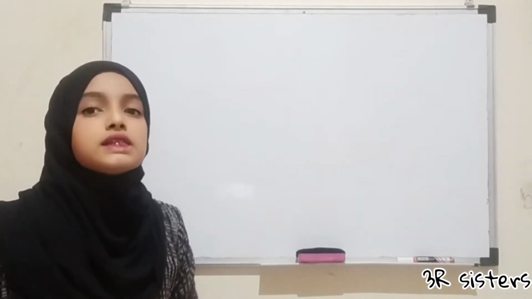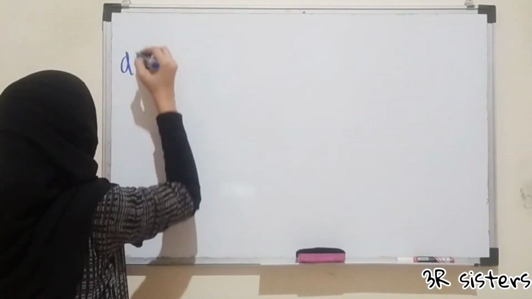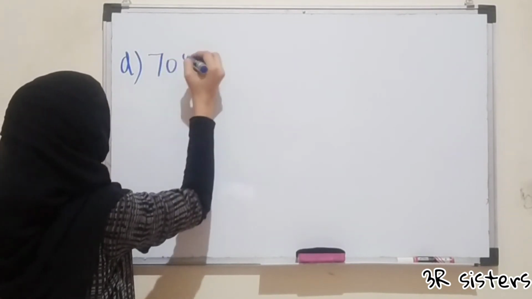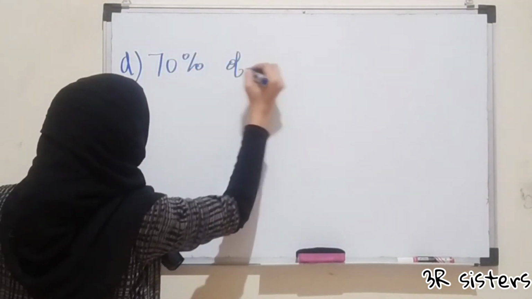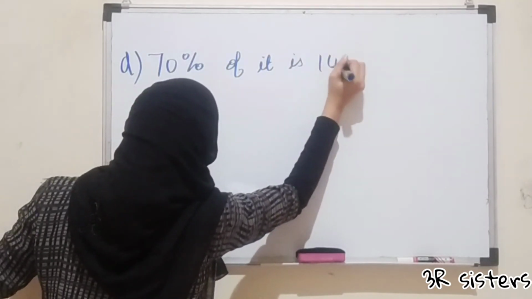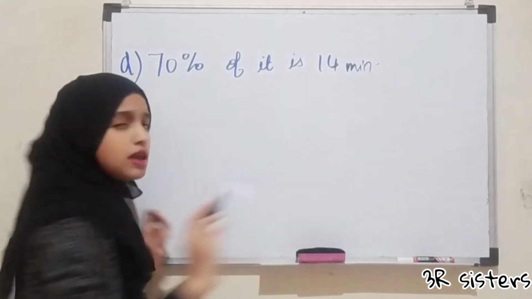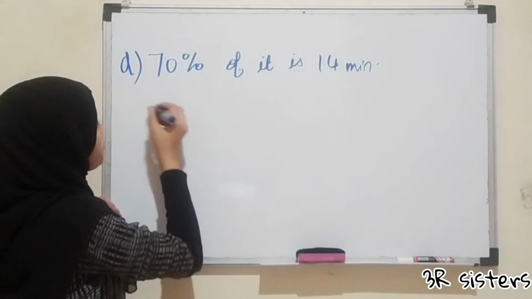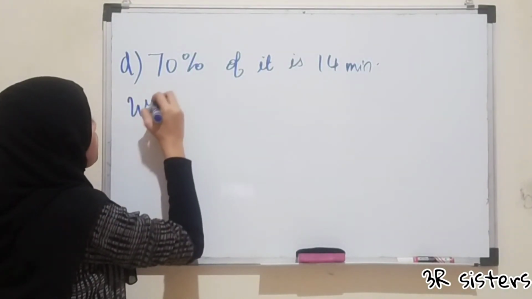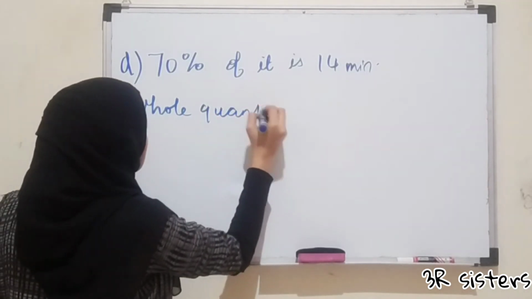Now what is D question? D question is 70% of it is 14 minutes. Okay, this is the same way we did before. First we have to write whole quantity as x.